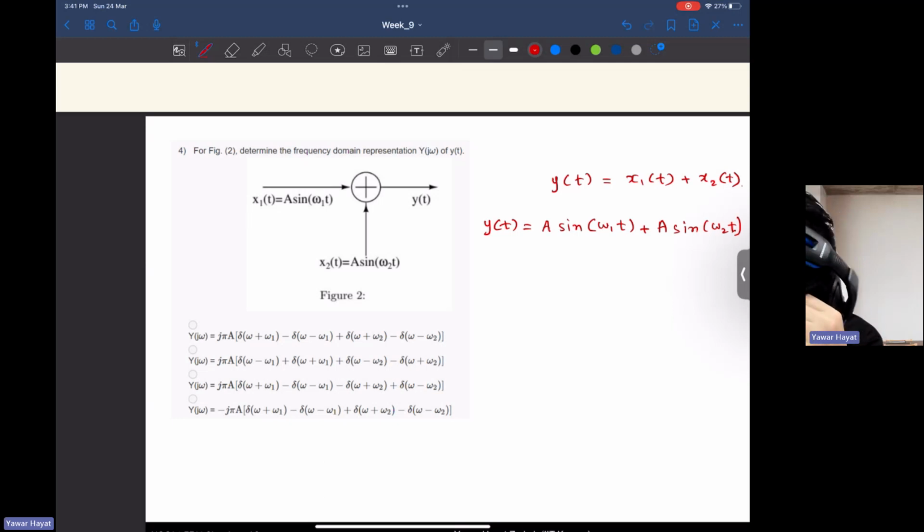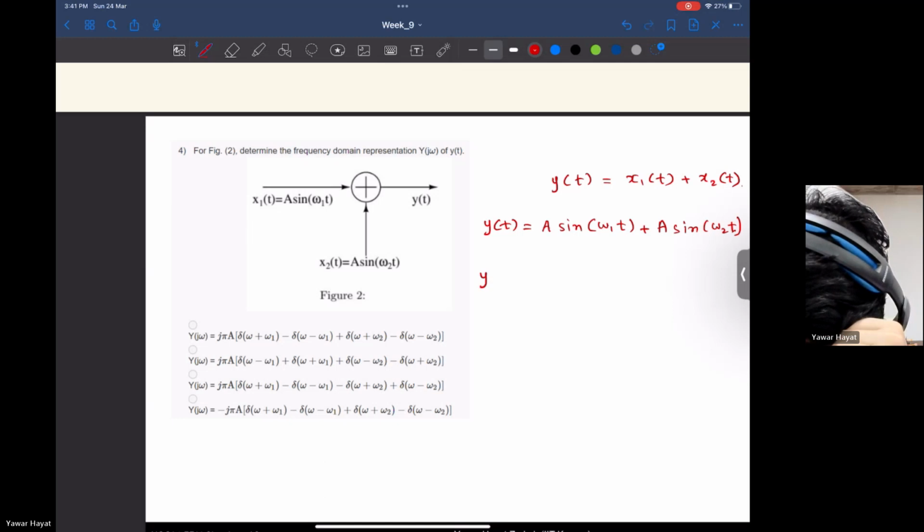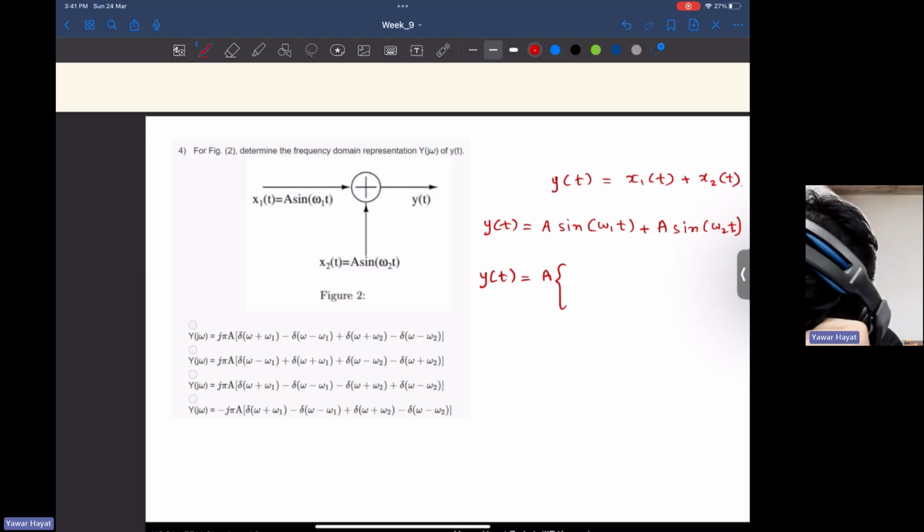After taking this A common, I'll have y of t equals A, the sine of omega 1 t can be written as e to the power j omega 1 t minus e to the power minus j omega 1 t whole by 2j.